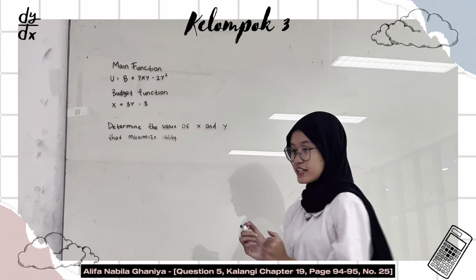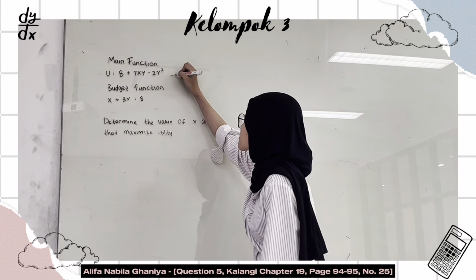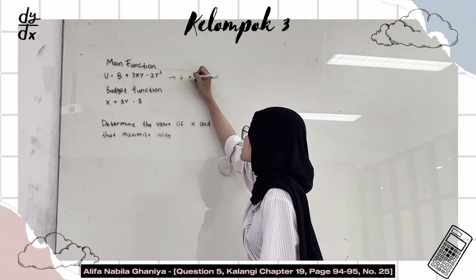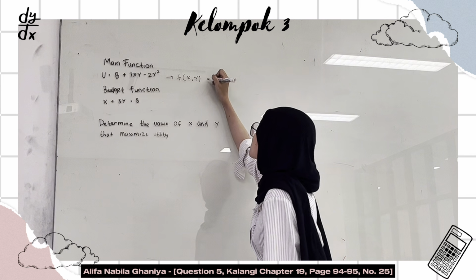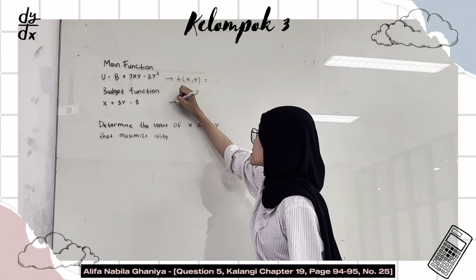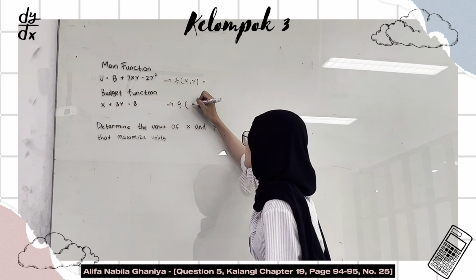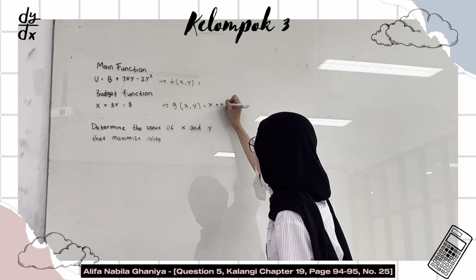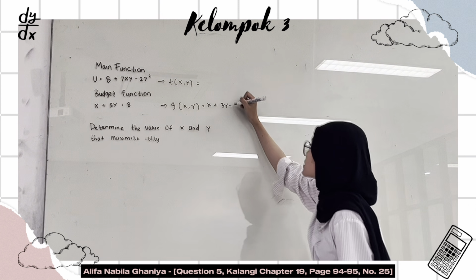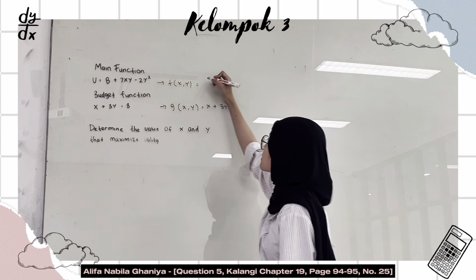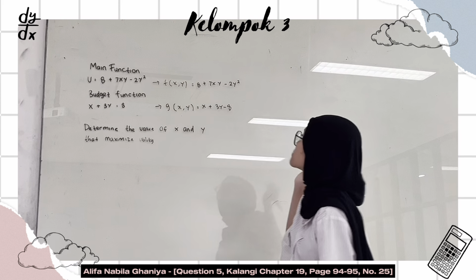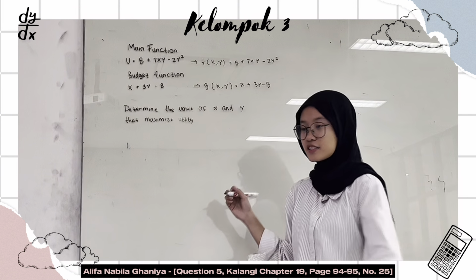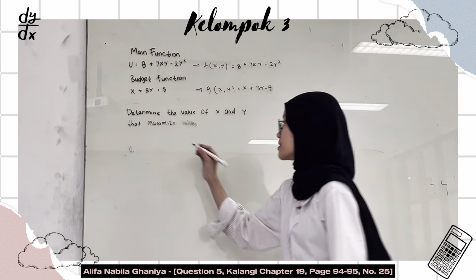Okay, first of all, we need to change the utility function to be the f(x, y) function. Then the Lagrange function F(x, y, lambda).